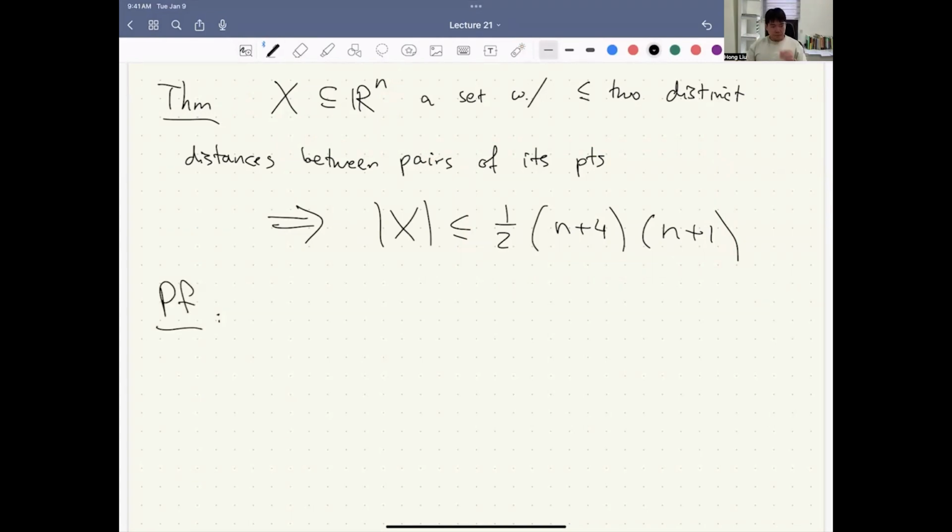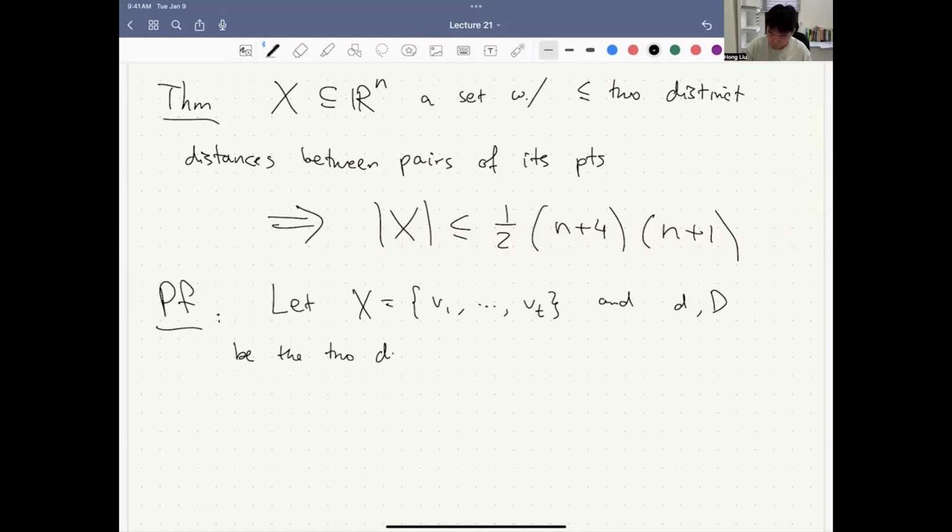Proof. Let's give names to the points in X. Let X be, let's say there are t points, v1 to vt. And let capital D and little d be the 2 distinct distances between pairs.